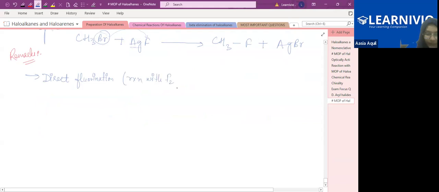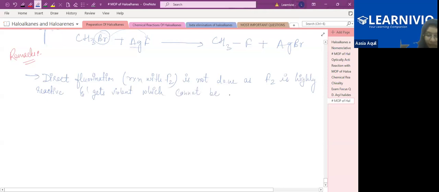Why don't we do a direct reaction with F2? Why is it not done? As F2 is highly reactive, it gets violent, which cannot be controlled.